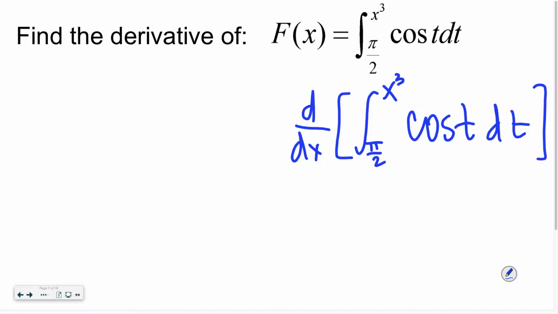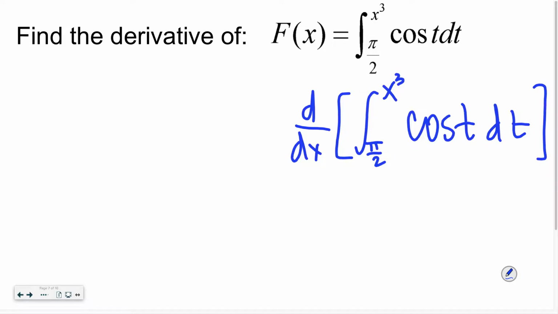It does matter. The cube is with the x, not with the cosine.